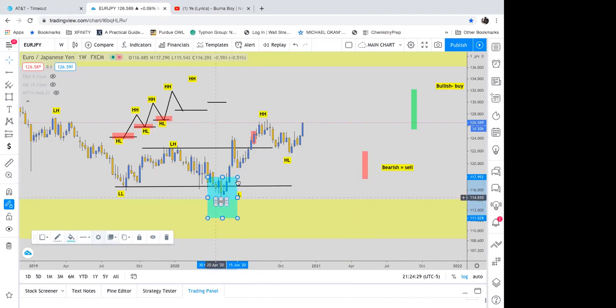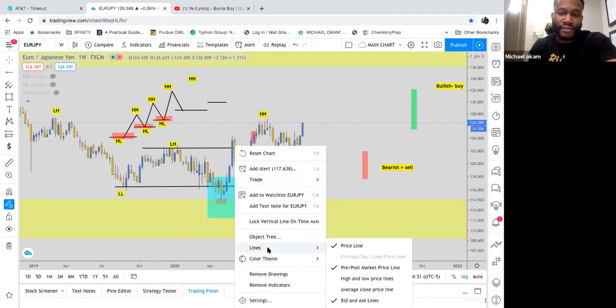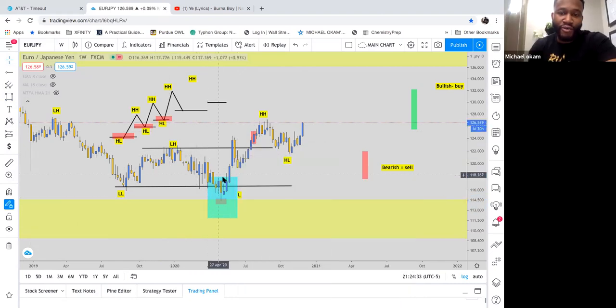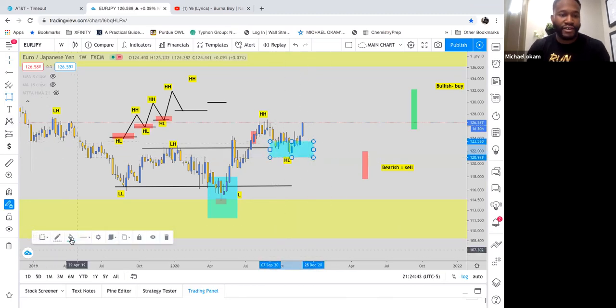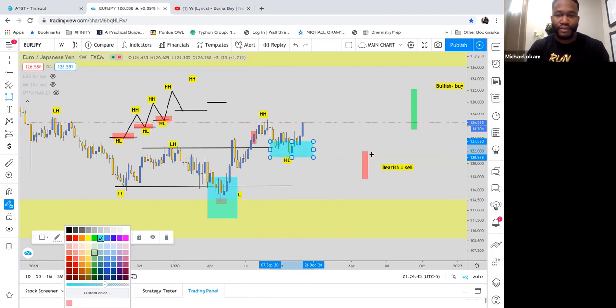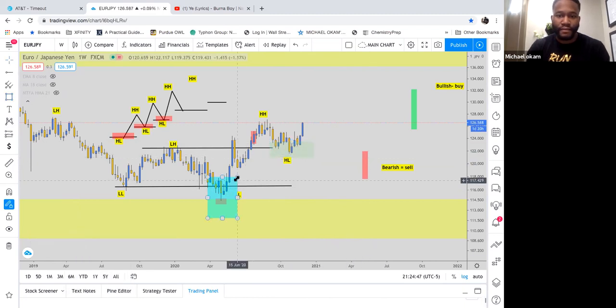Okay, so watch this. I'm gonna make this make sense for y'all. So let's pretend that price is currently right here. Let's zone this area out. All right, this high low.